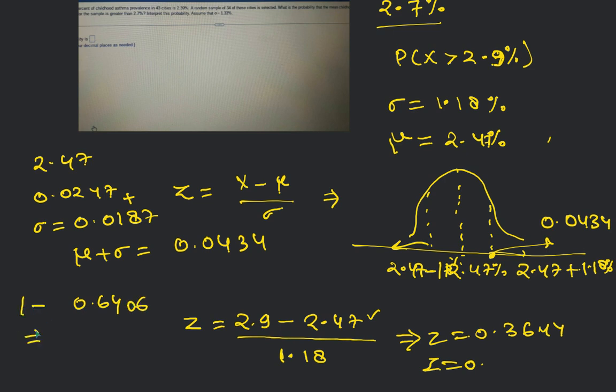So what result are we getting? Can you let me know? Okay, hold on. 1 minus 0.6406 is 0.3594. Yes, 0.3594.